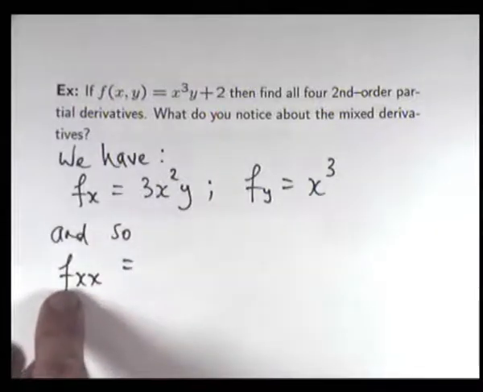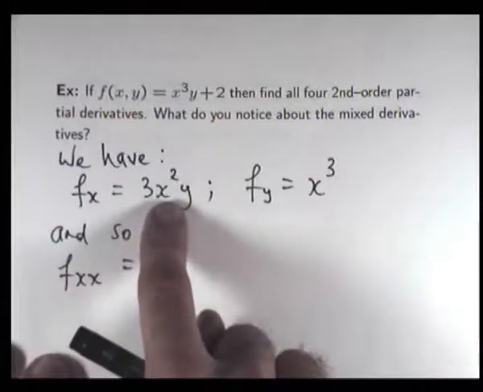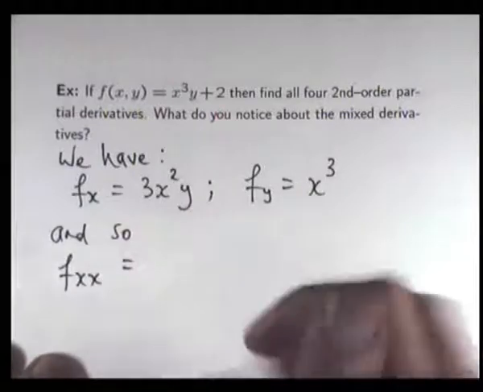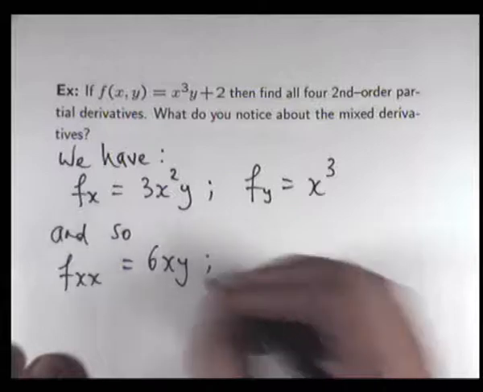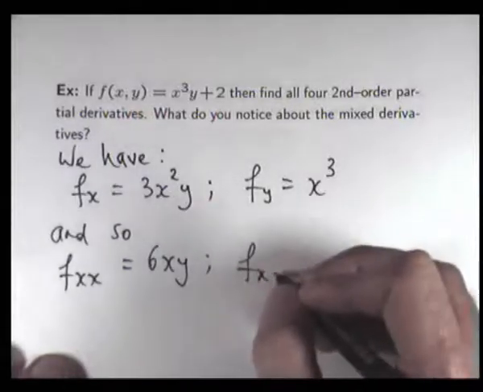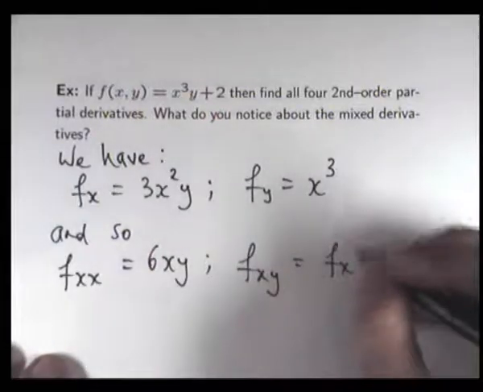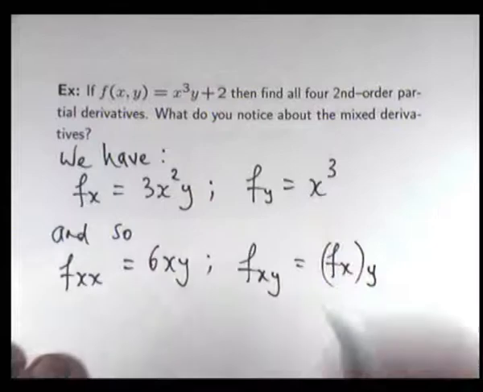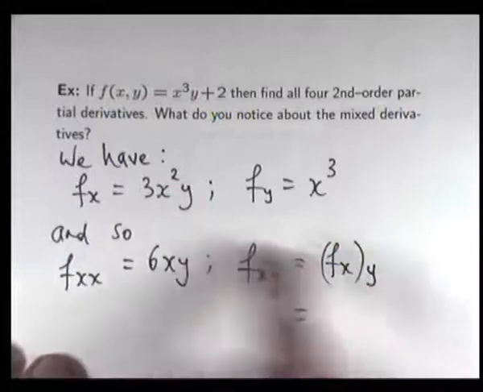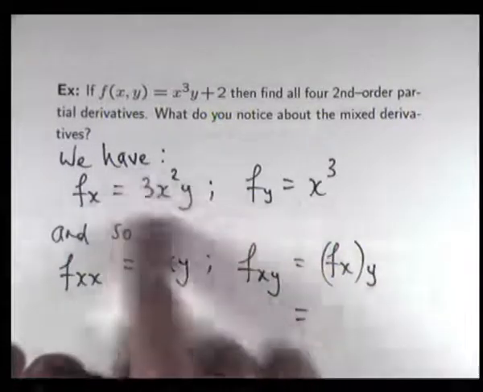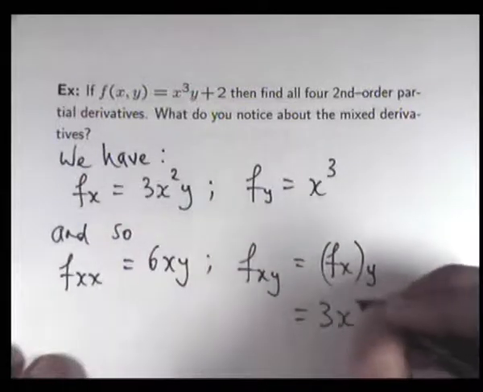To get f sub xx, we go up here, differentiate with respect to x while keeping y as a constant. So this is going to become 6xy. To calculate f sub xy, by that we mean the following: we go up to f sub x and calculate the partial derivative with respect to y. So this is going to become 3x squared.